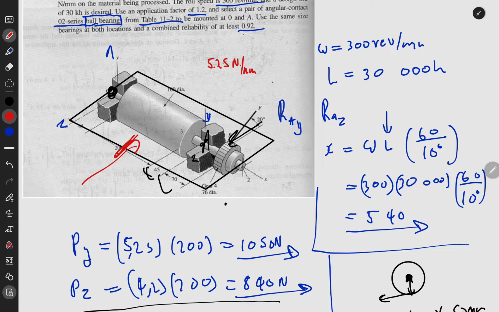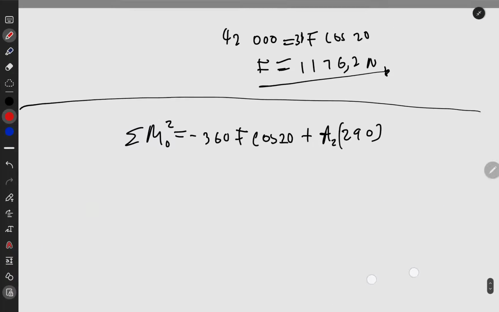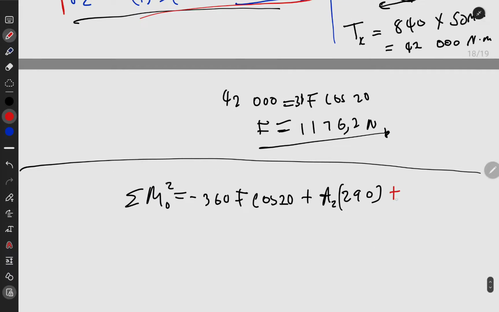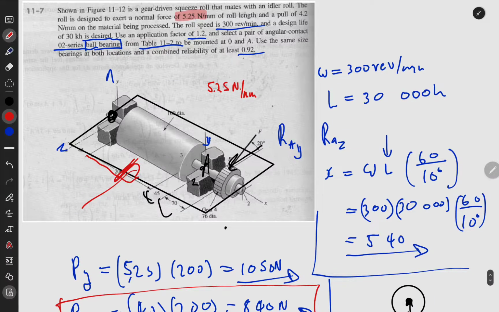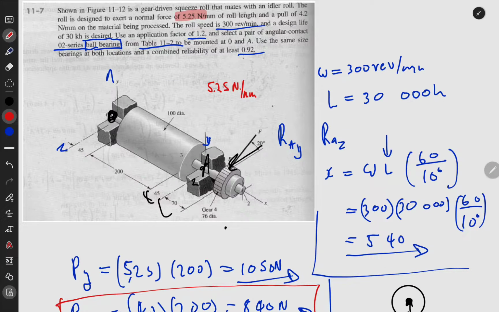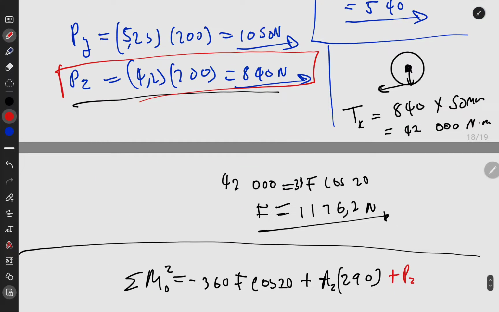So that will be a force PZ, right? Yes, this one. Plus PZ, but PZ should have some sort of arm. It's going to be half of this 200, and that 45. I think that's 145.